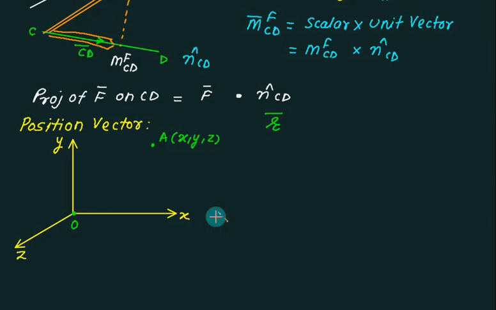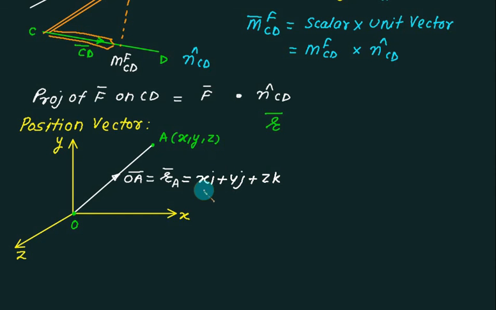Now we are given a coordinate system, and we know one point A equal to (x, y, z) and we have the origin. If you join this point with the origin, you can call this vector OA bar, or simply R bar of point A, called the position vector of A. This position vector is (x minus 0)i, (y minus 0)j, (z minus 0)k, the same as the coordinates of the given point.